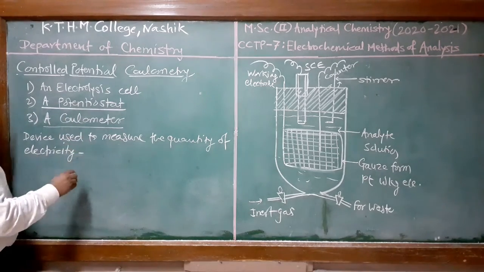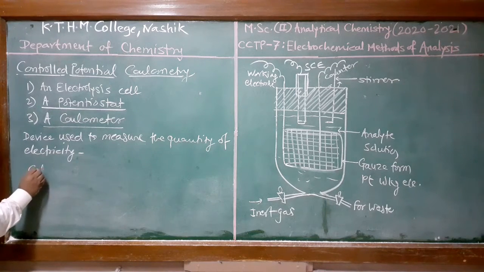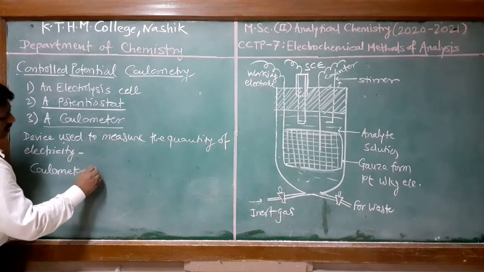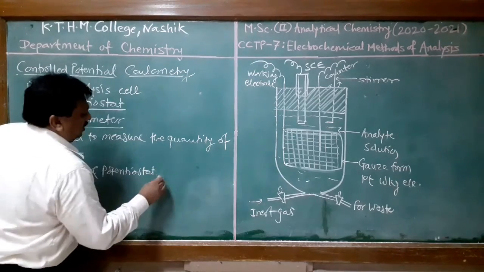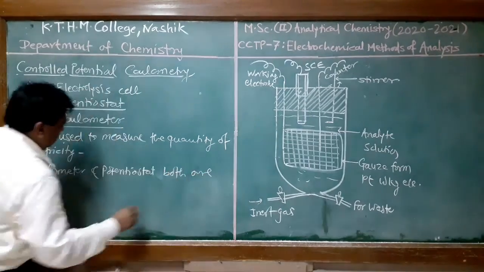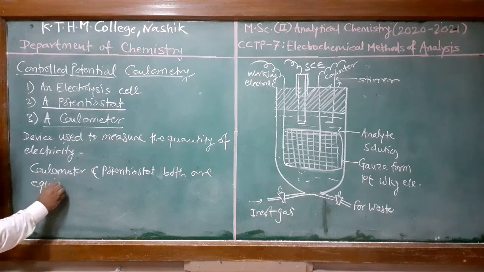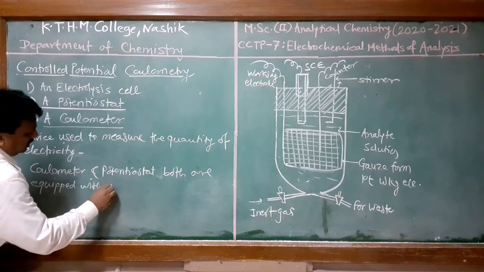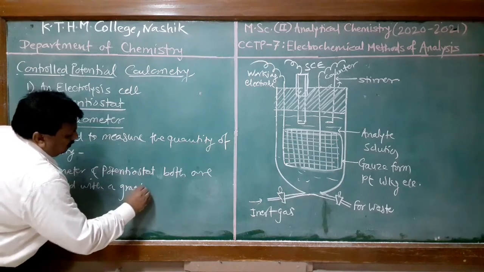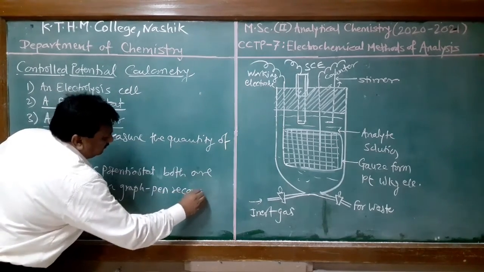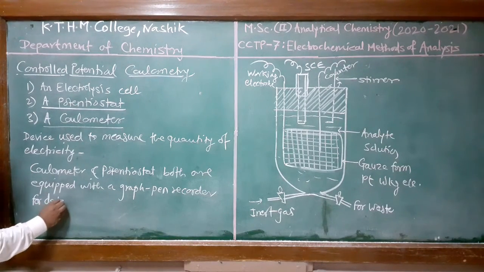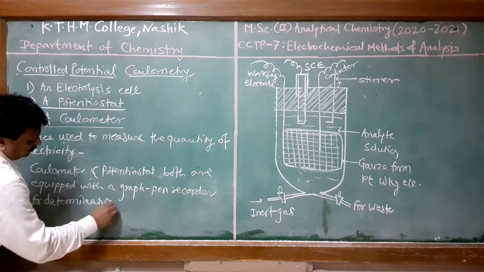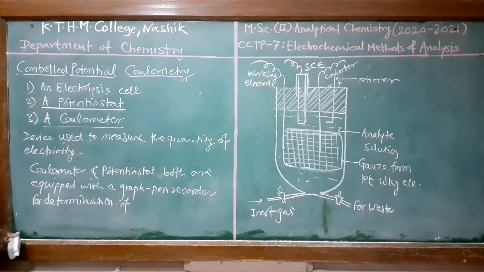And in modern instruments, this coulometer as well as the potentiostat are both equipped with a pen recorder, a graph pen or recorder, for determination of electric charge.